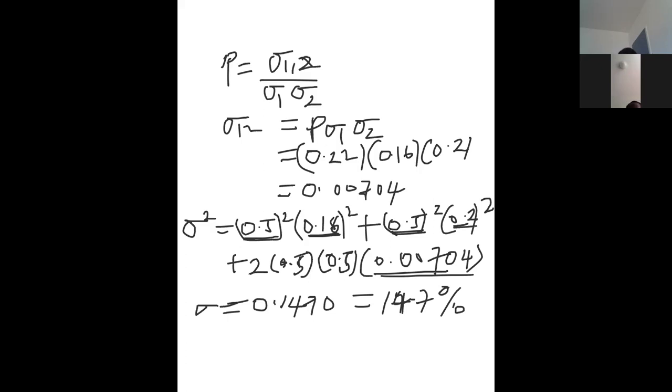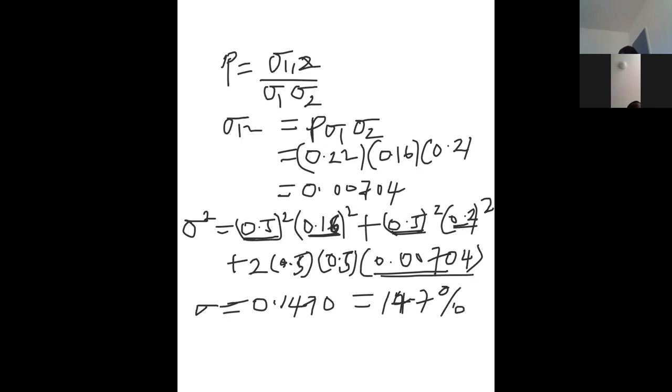Osei, I'm sorry. Instead of 0.18, it's 0.16. In the volatility formula, it's not 0.18 squared, it's 0.16 squared. It's 0.16, right? Okay, sorry. That means this one becomes 0.16. Yes.